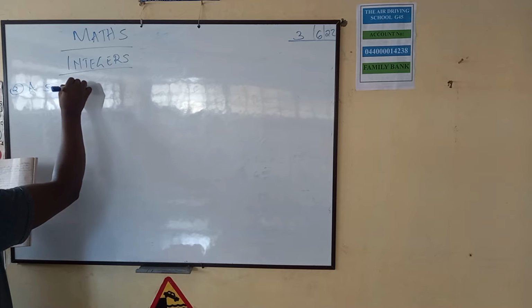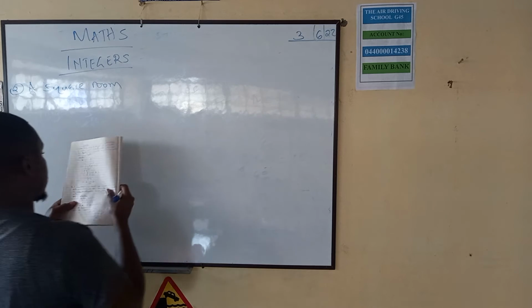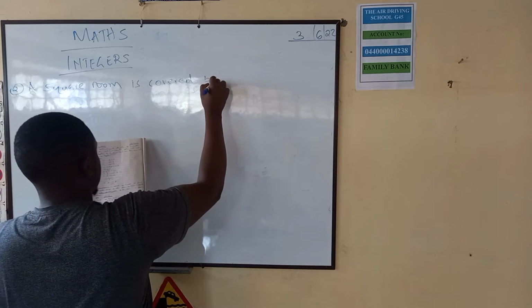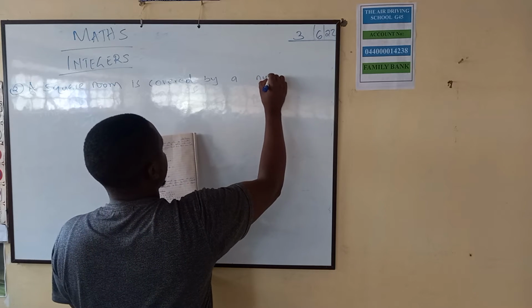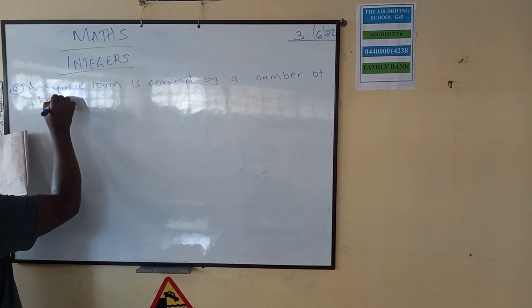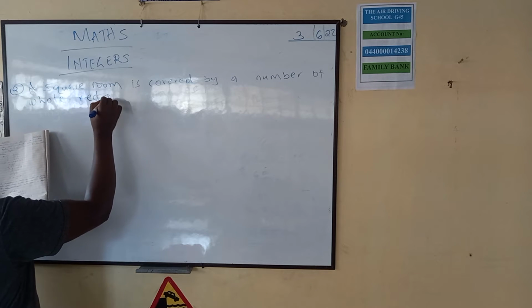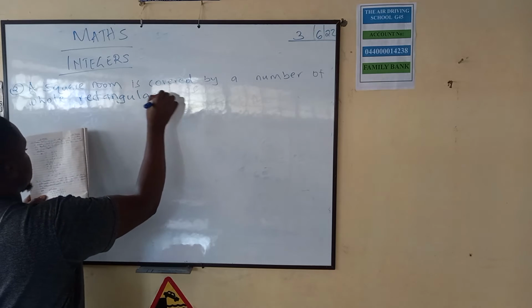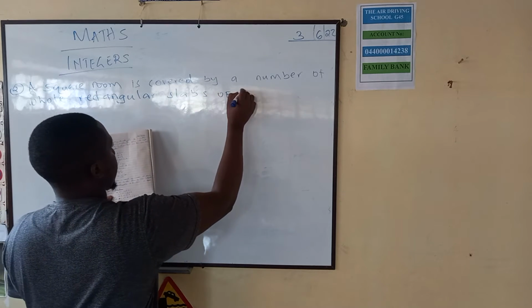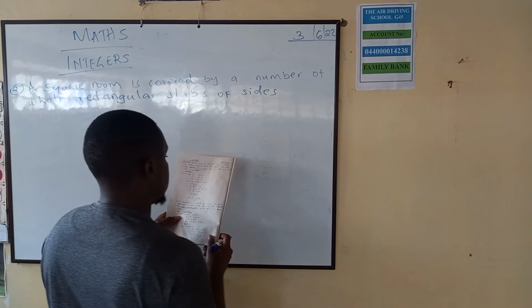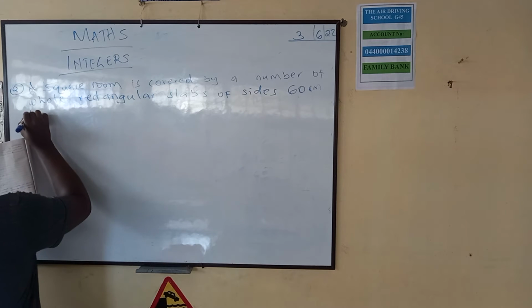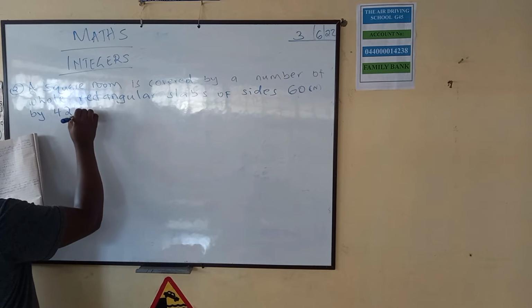A square room is covered by a number of whole rectangular slabs of size 60 centimeters by 42 centimeters.